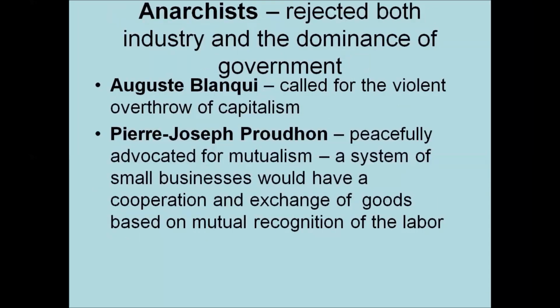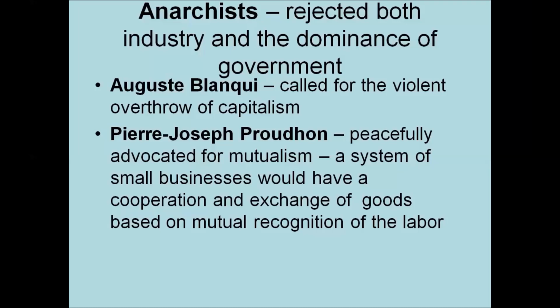Then you have anarchists. These guys are anarchists, maybe socialists too. So you've got Blank here. He rejected both industry and dominance of government. He's going to call for the violent overthrow of capitalism. I don't know if you want to call him an anarchist or a socialist, but definitely on the extreme end.